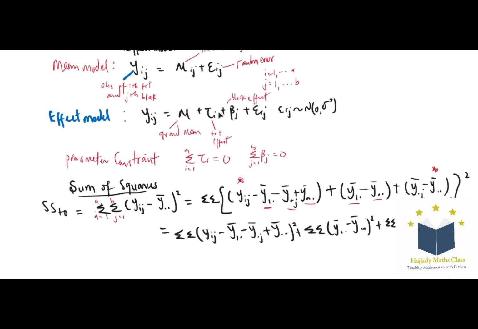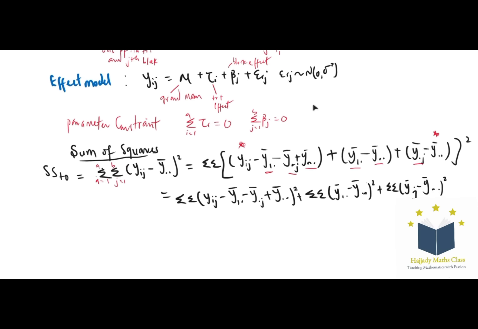Looking at this, this is my sum of square error, this is the sum of square treatment, and this is my sum of square block. Don't forget, i is from 1 to a, j is from 1 to b.